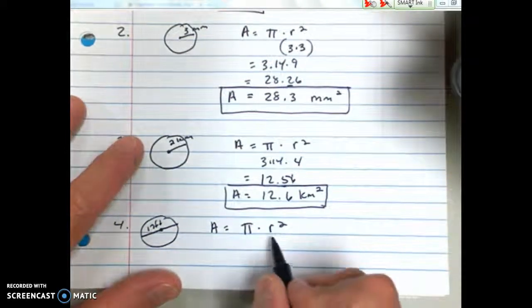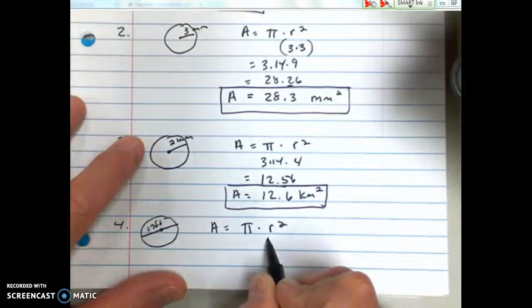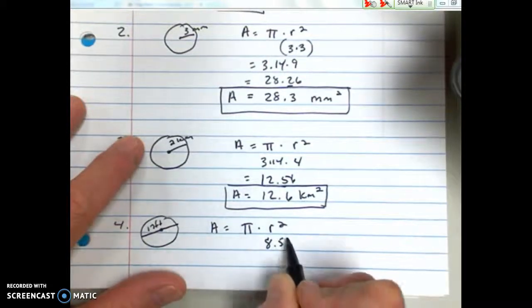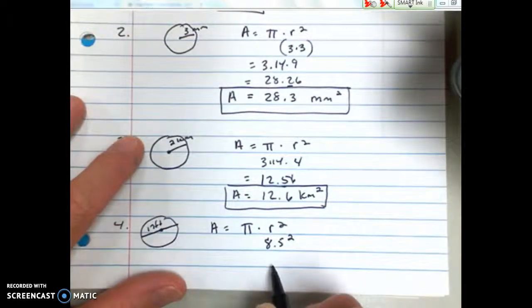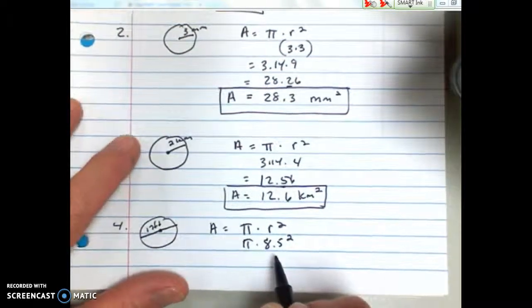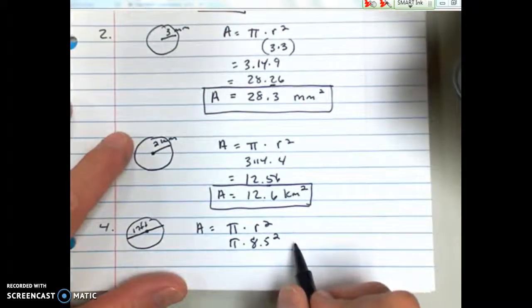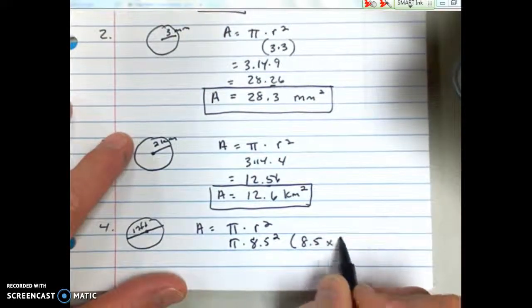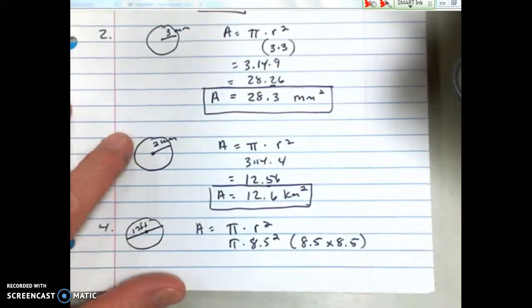Now if you said 8.5, you are correct, but now we have to square that. So we have pi times 8.5 squared. Now that means 8.5 times 8.5, and again you can use your calculator for that. So stop and do that. 8.5, punch that into your calculator, times 8.5, and what do you get?